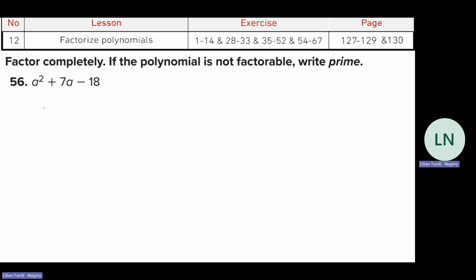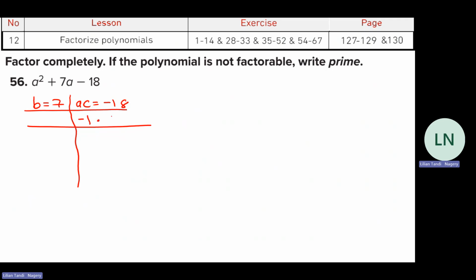So I'm gonna do jedwal. You can do whatever you want. You can do calculator, or you can do quadratic formula. Me, I'm gonna do jedwal. B is 7, AC is -18. What two numbers can I darb will give me -18?